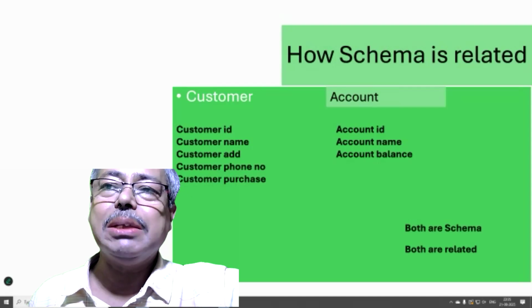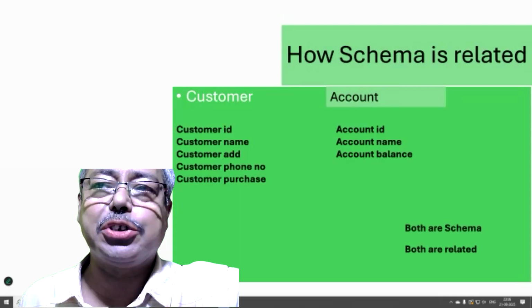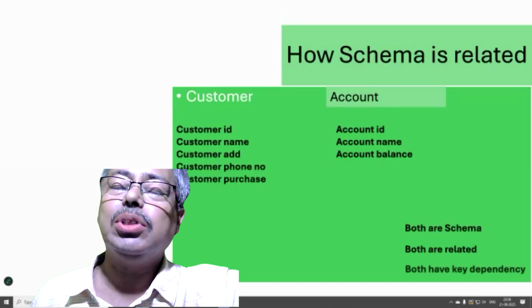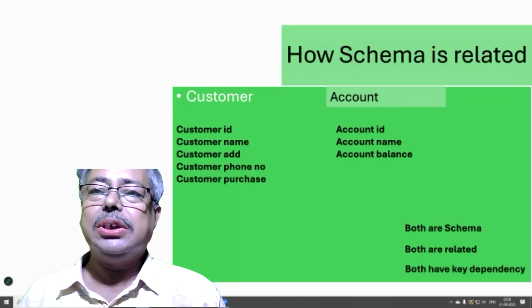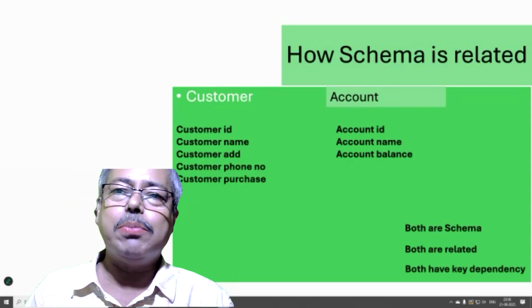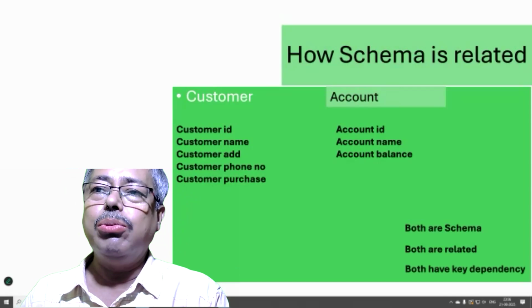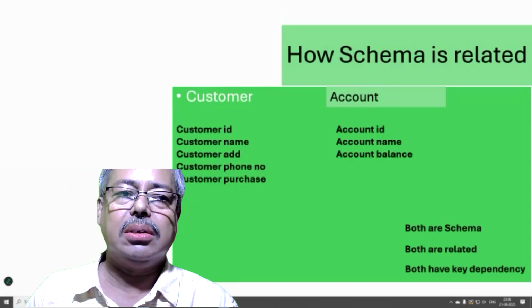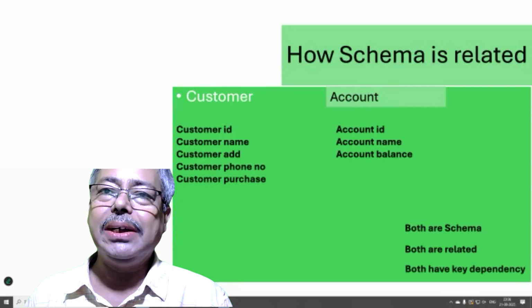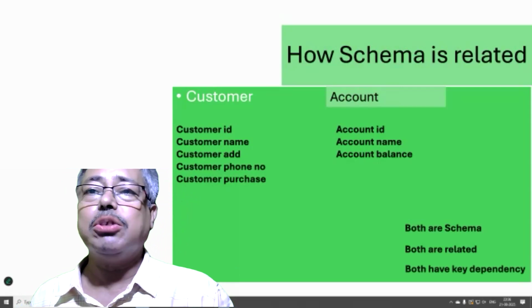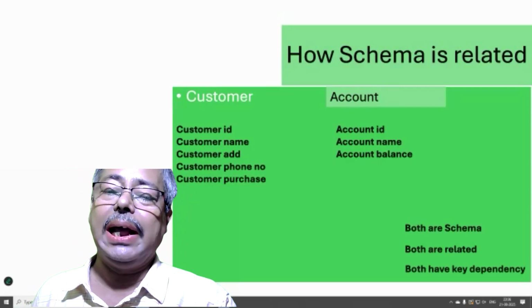A specific account ID is there for a specific customer. Both are schemas, both are related, both have a dependency. The customer is solely dependent on the account ID, and the account is specified by one customer.